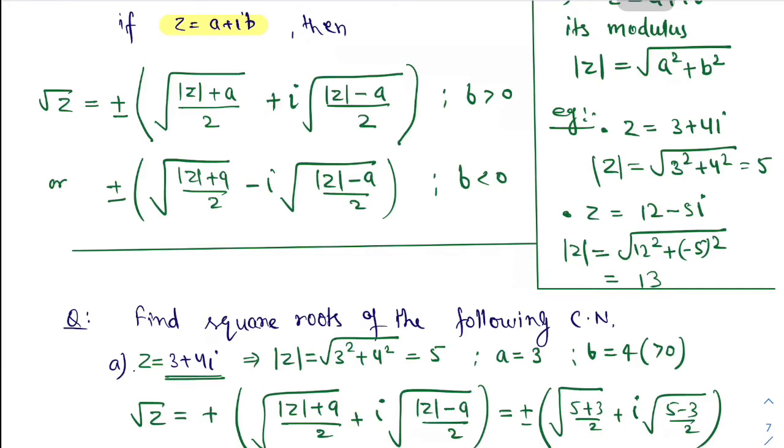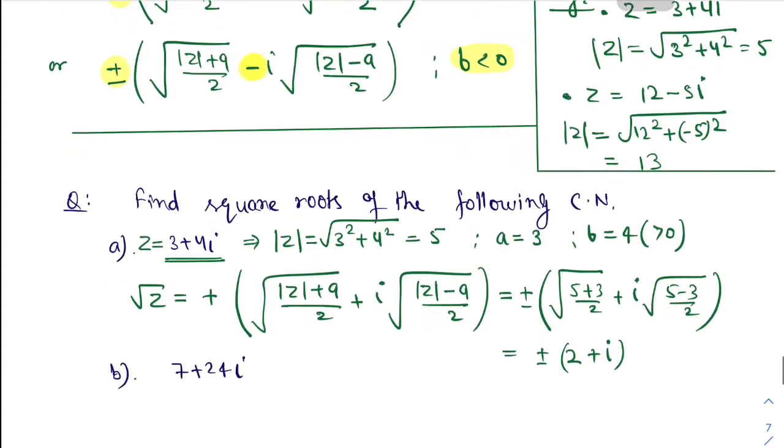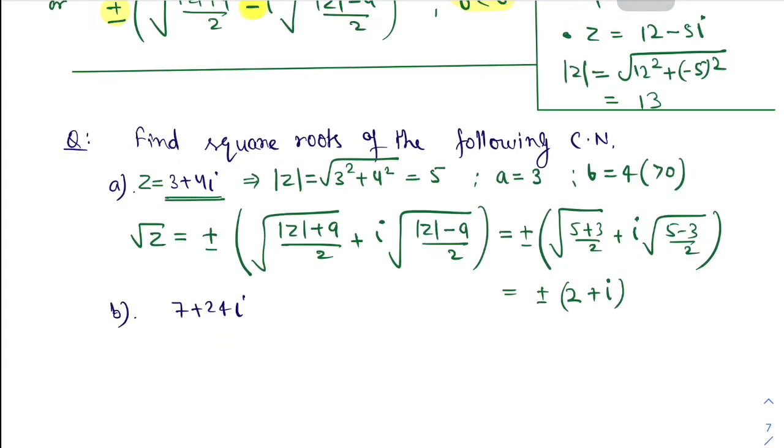Okay, difference is this only. If imaginary part is positive, you will write positive in the center. If imaginary part is negative, you will write negative in the center. Okay, in the beginning of bracket it will be plus minus in both the cases.